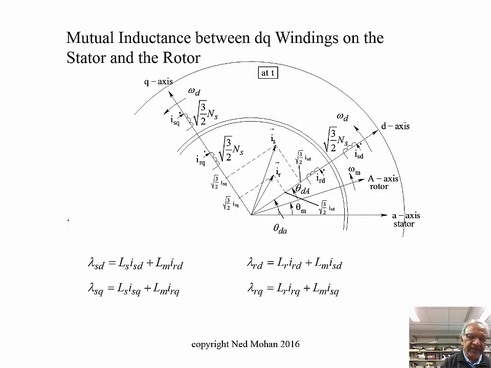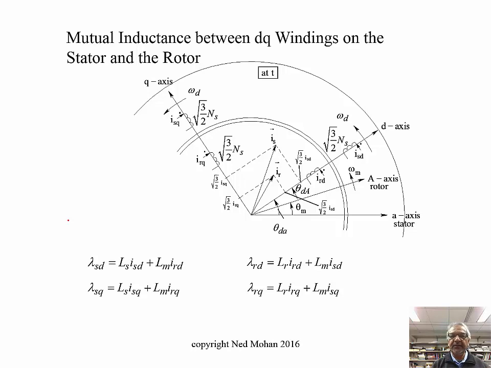Now we come to the case where both currents are present simultaneously. What good is this machine if only one set is present and the other is absent? So we have both IS and IR, shown in a totally arbitrary position for definition purposes, because in reality they will be in very different positions with respect to each other at any given time.